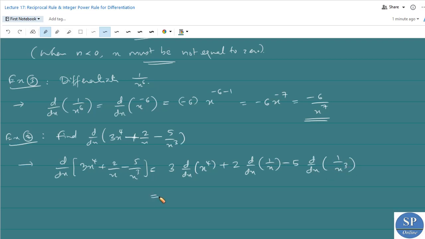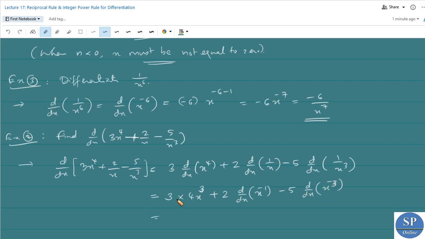So this is equal to 3 into d by dx of x power 4, that is 4x cube, plus 2 into d by dx of x power minus 1 minus 5 into d by dx of 1 by x cube, which is x power minus 3.